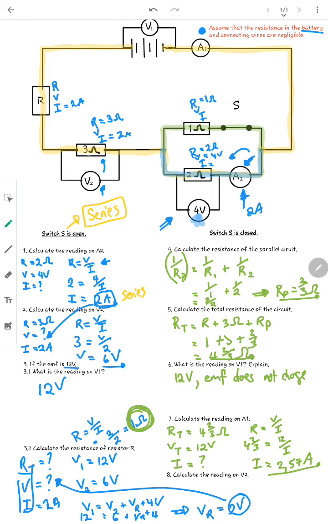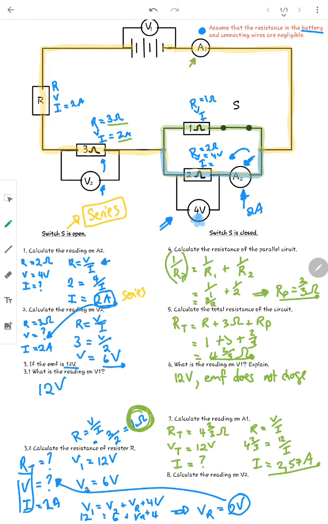Easy peasy lemon squeezy. The last one is to calculate the reading on V2. So remember, we have our resistance, which is 3 ohms. Our ammeter reading now, however, is different because this resistor is in series.